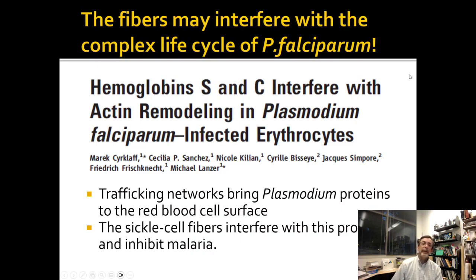So it looks like particularly the little halfway fibers that happen will interfere with actin remodeling, and it means that the Plasmodium, the malaria-causing organism, will not be able to reproduce nearly as well. If it doesn't reproduce, the person doesn't suffer from malaria to the same degree.